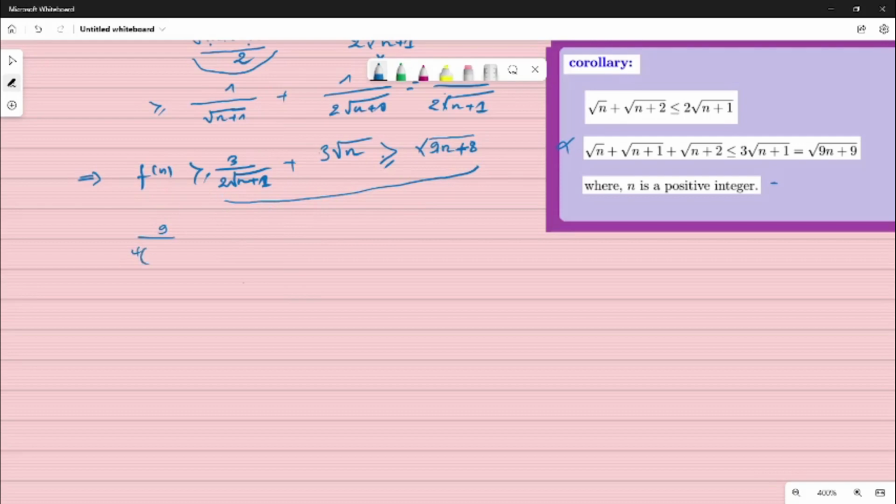Divided by 4 n plus 1 plus, this is the square of this, plus 9n plus the double product, 2 multiplied by 3 divided by 2 multiplied by this, it is sufficient that it is greater than 9n plus 8. And we can eliminate this term and just compare the rest.